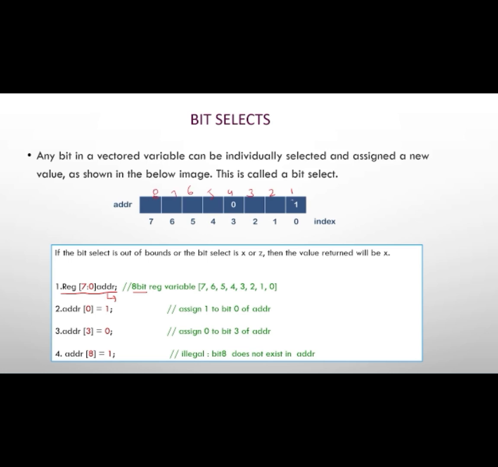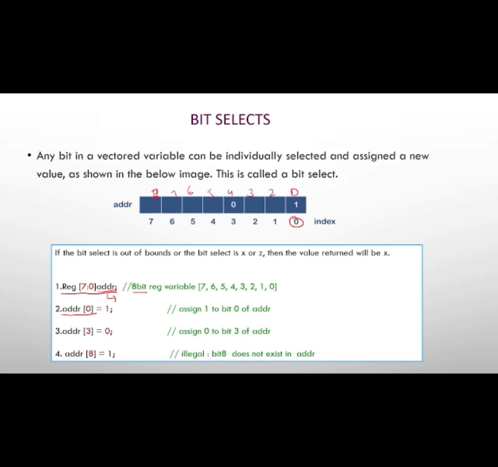In these 8 memory locations, if you want to send some particular data but you don't want to send the entire data and only want to fill some of the memory locations, how can you do that? You can just mention the address. This is address of 0, from 0 to 7.